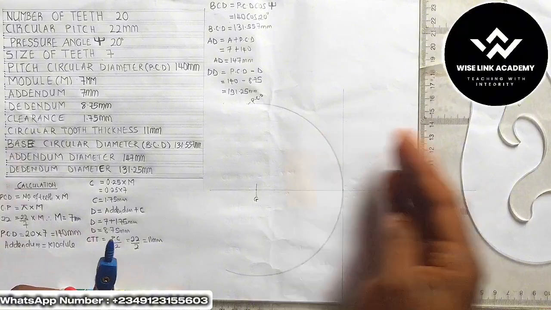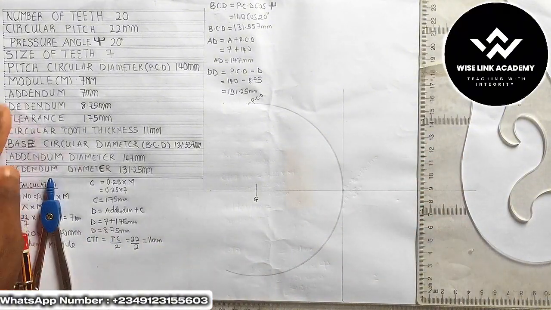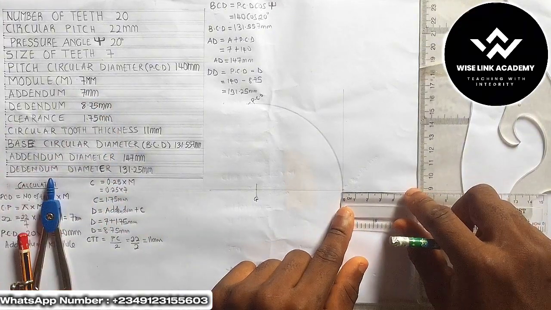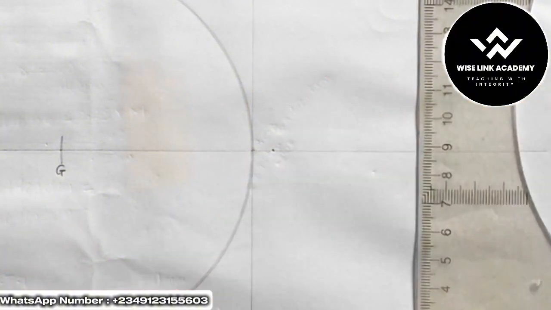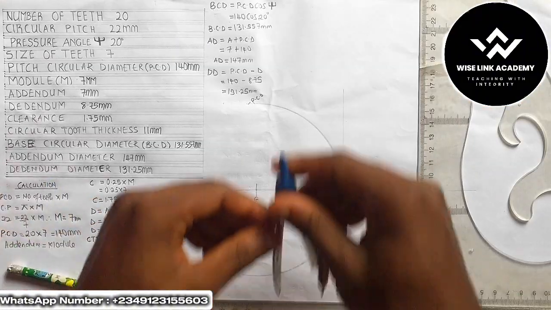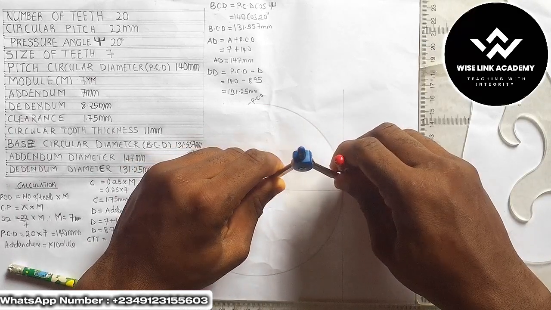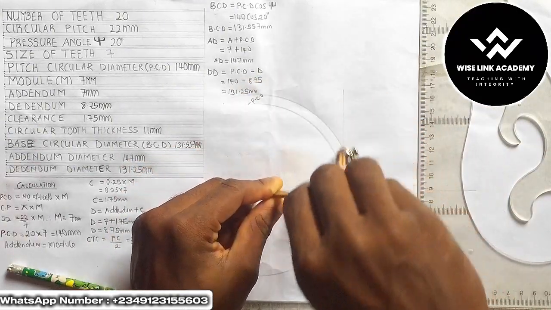So addendum is forward, right? What's my addendum value? Addendum value is 7 millimeter. So I'll measure 7, from here, 5, 6, 7. Yes, 7. I will extend my compass from G to the addendum here, right? So I'll use my compass in this way.